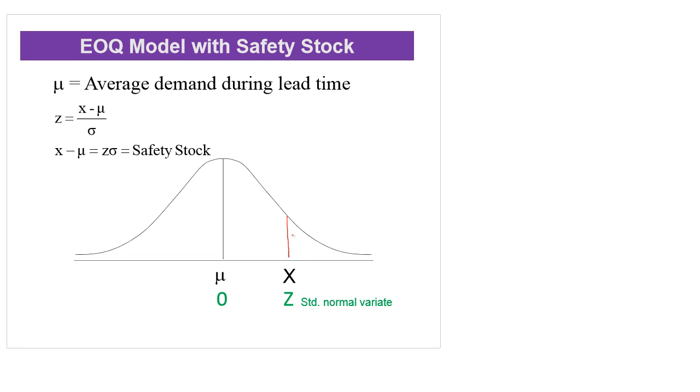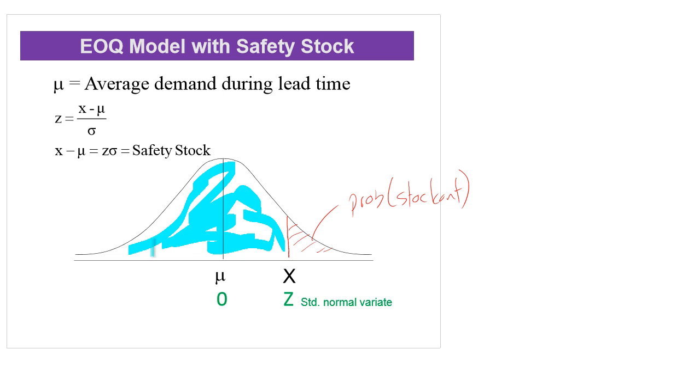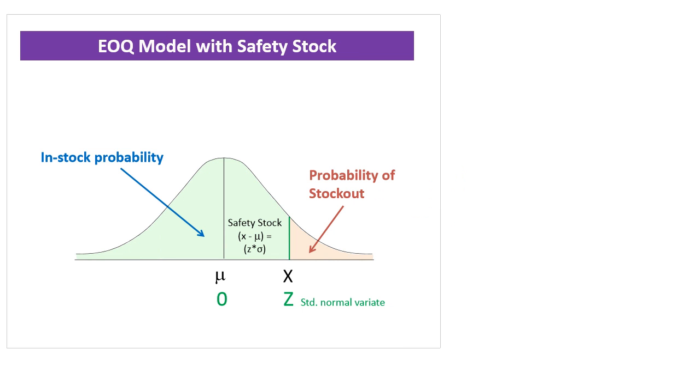Now recall that this space is the probability of the stock out, and everything else is the probability of being in stock. This space, of course, then is z times the standard deviation, or x minus mu, and that's going to comprise our safety stock. Again, here's a little nicer image of these if you'd like to pause it and take a look at them.